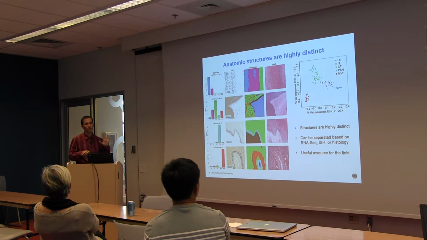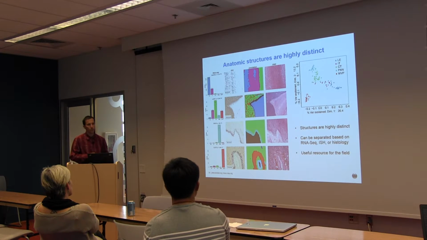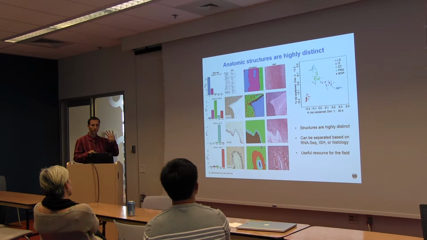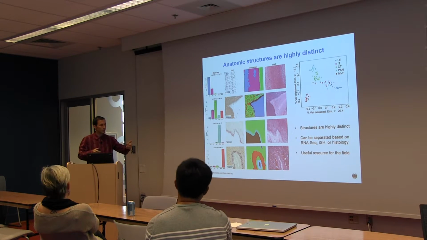And that was used for how the tissue was laser microdissected to go into the RNA-seq in the first place. And then there's in situ hybridization, where a lot of these same genes are very specific to particular regions. So if you want to look at these different anatomic structures, you can do it by gene expression or histology or in situ hybridization.